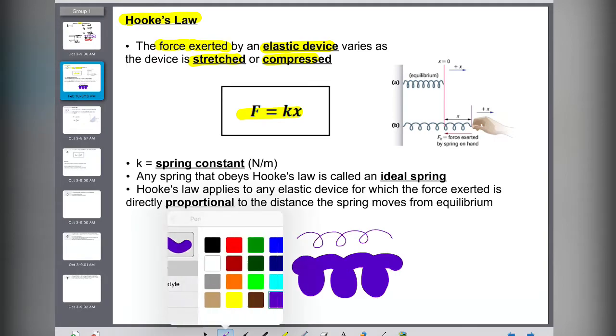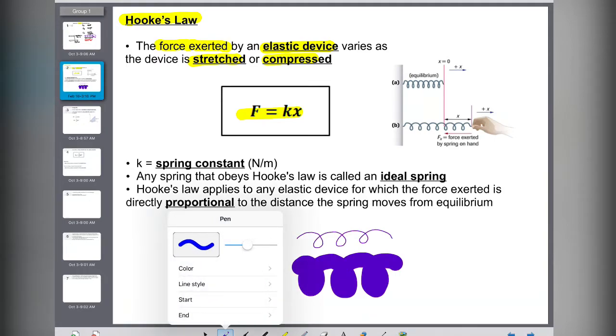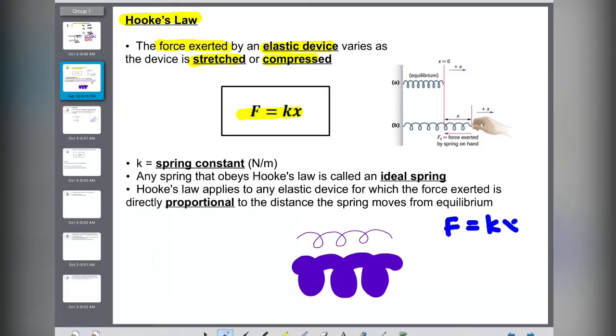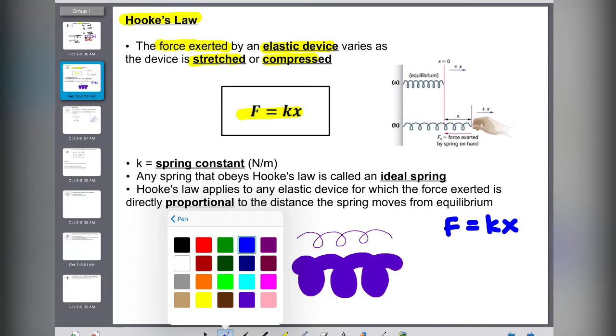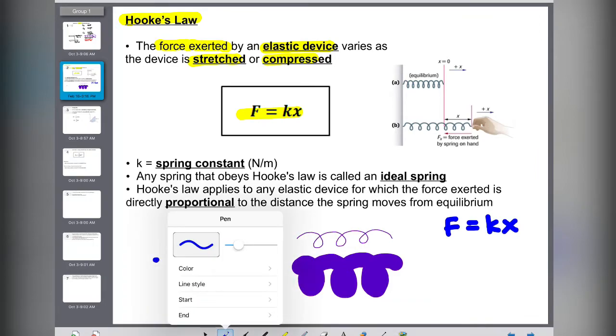Okay, and if we're talking about the equation, F equals k times x. Basically, what your k stands for is how stiff or how flimsy it is. If it's a super flimsy spring right here, I only need a very little bit of force to be able to get it stretched quite a bit.